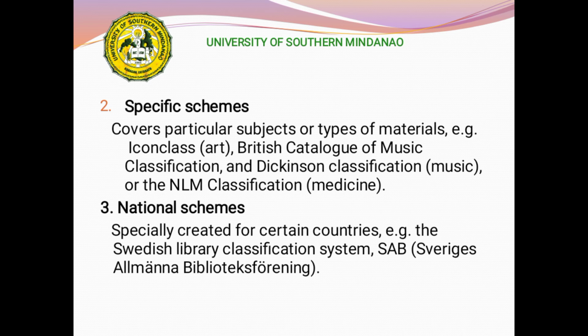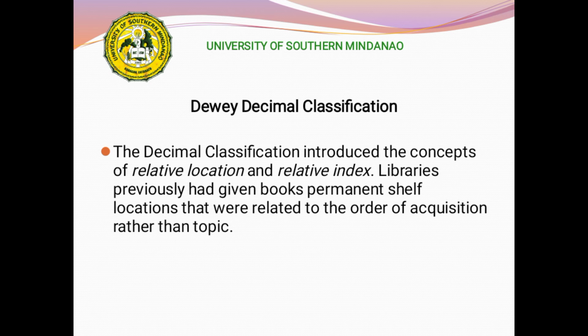And the next is Dewey Decimal Classification. The decimal classification introduced the concepts of relative location and relative index. Libraries previously had given books permanent shelf locations that were related to the order of acquisition rather than topic.